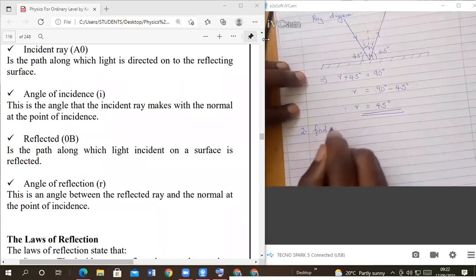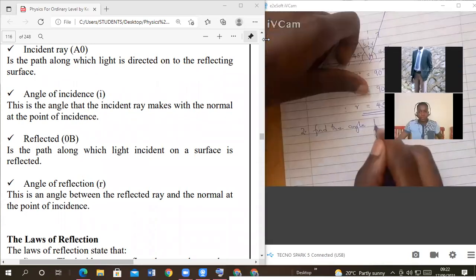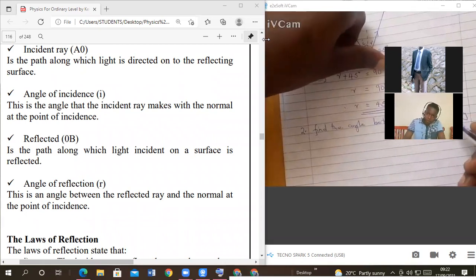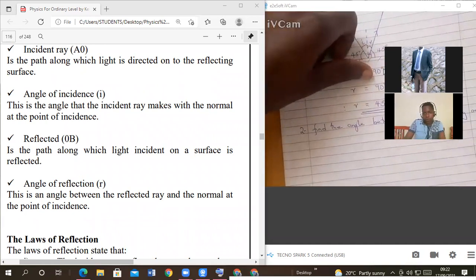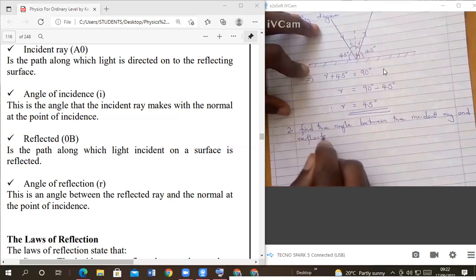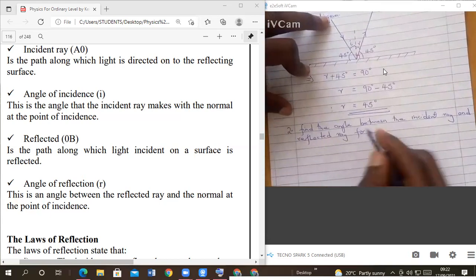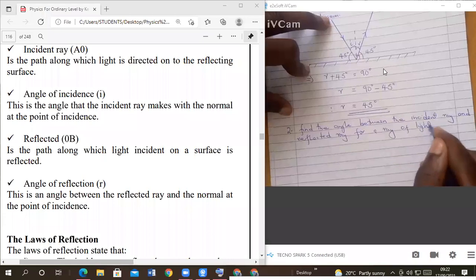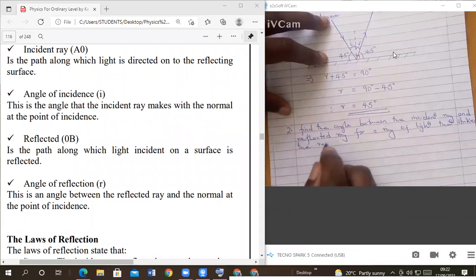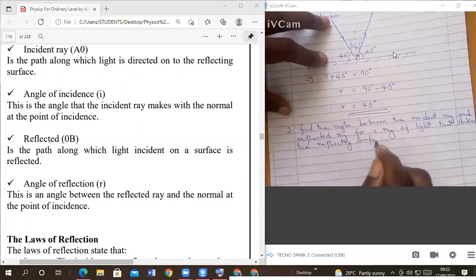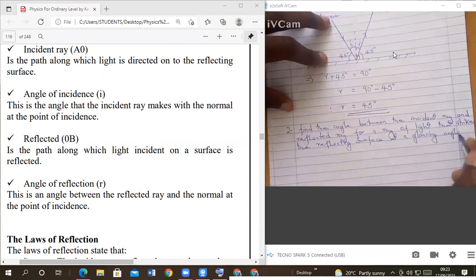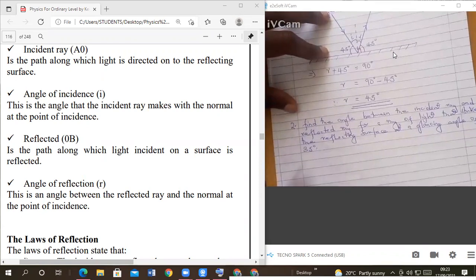The question is saying, find the angle between the incident ray and the reflected ray for a ray of light that strikes the reflecting surface at a glancing angle of 35 degrees.